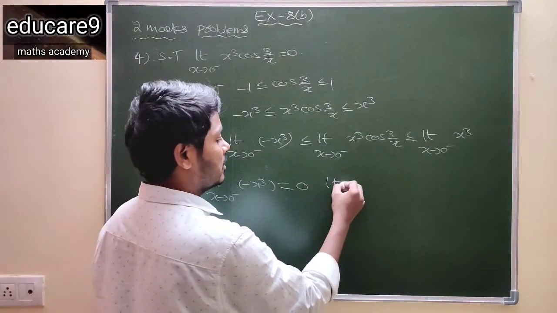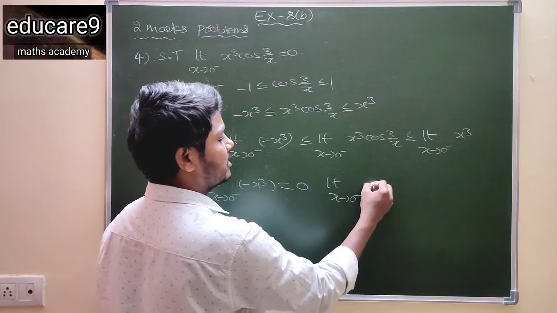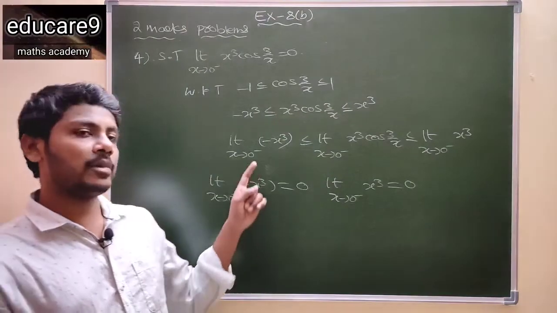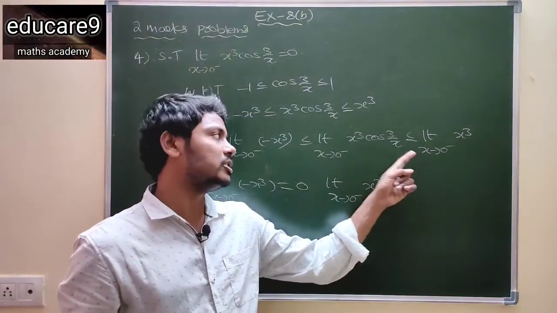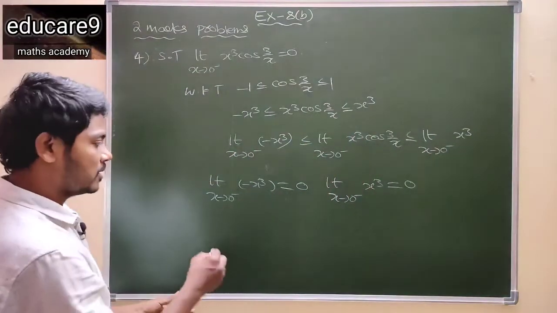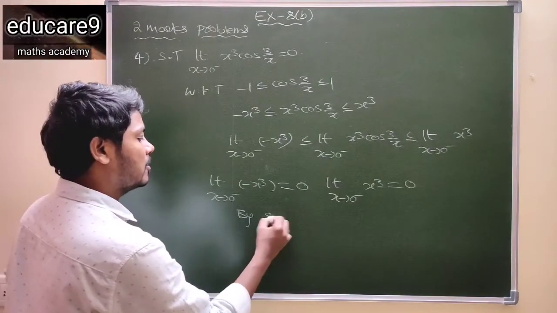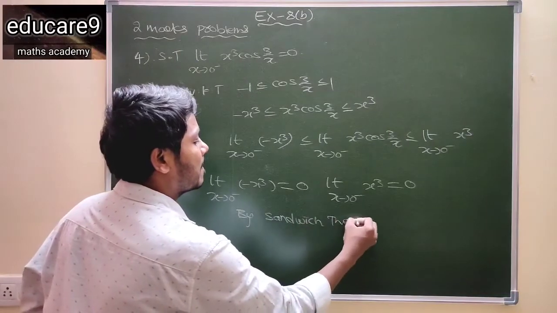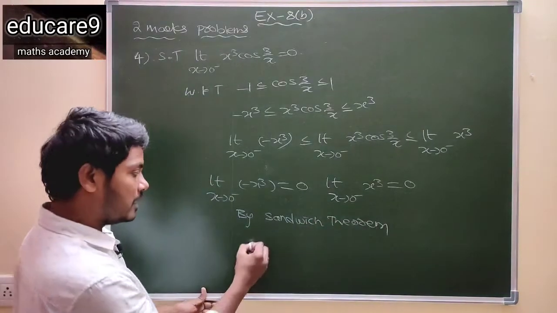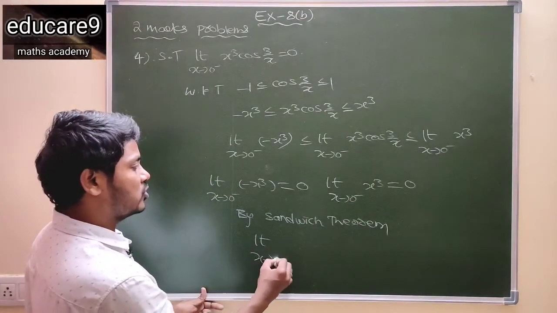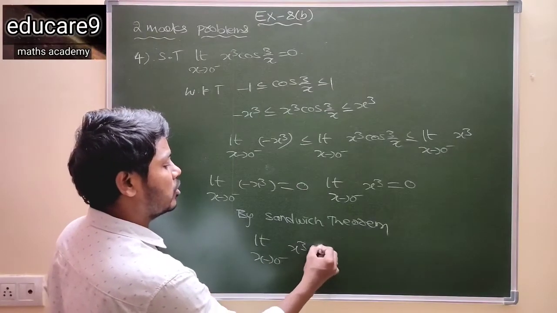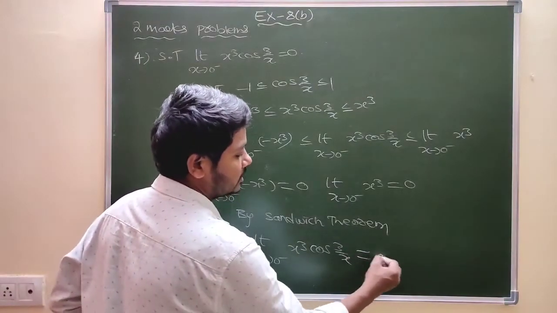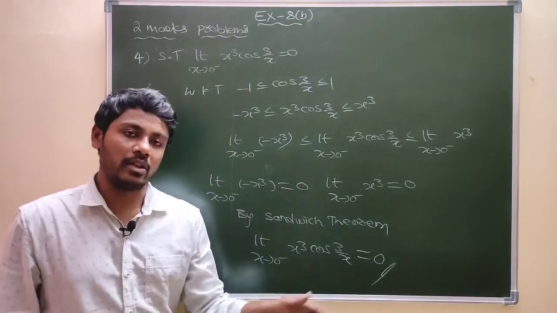Next, limit x tends to 0 minus x cube value is also 0. So by sandwich theorem, left side value 0, right side value 0, so the middle value is also 0. Therefore, by sandwich theorem, limit x tends to 0 minus x cube cos 3 by x is also 0. So this is the required answer.